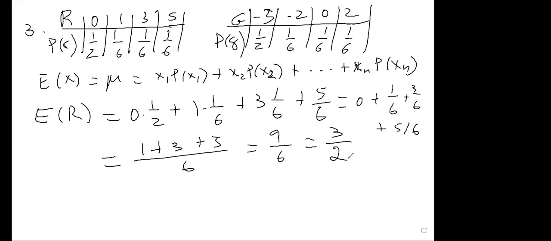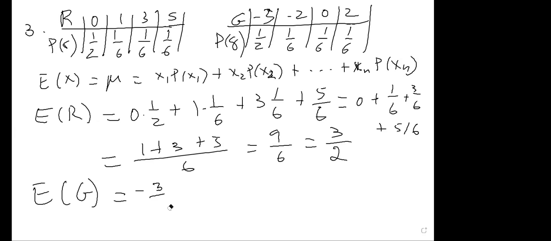Let's look at your expected profit. The expected profit will be minus 3 over 6. I'm sorry, not 3 over 6. Minus 3 over 2.